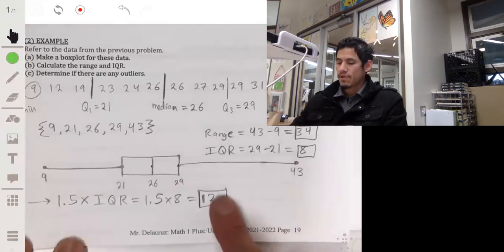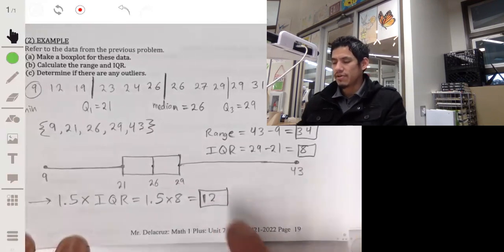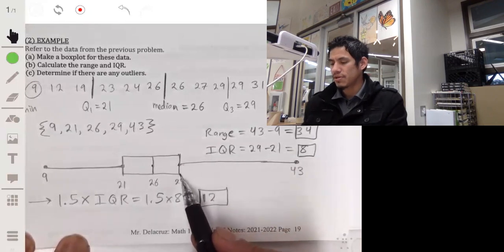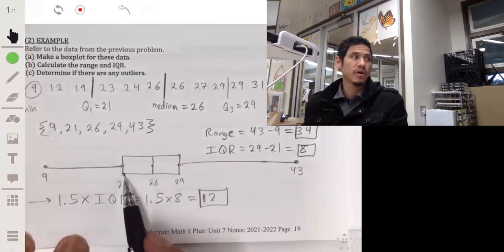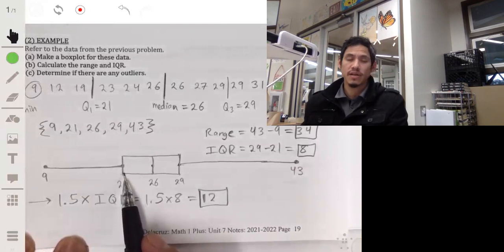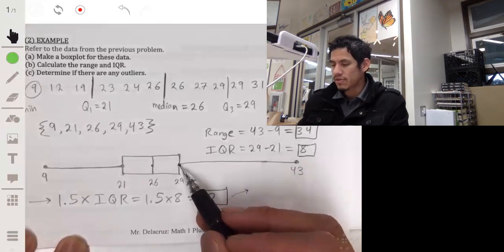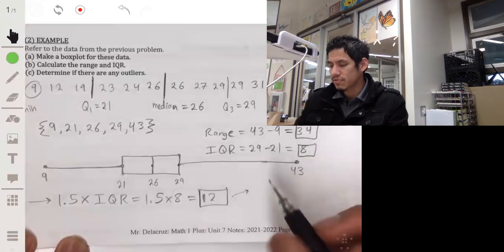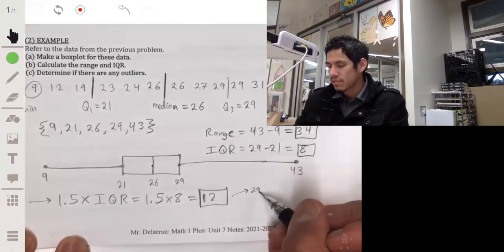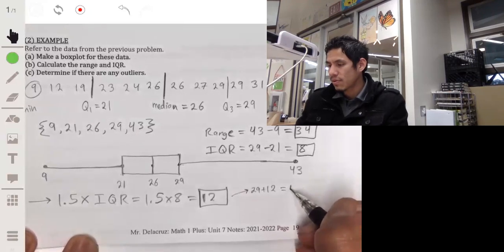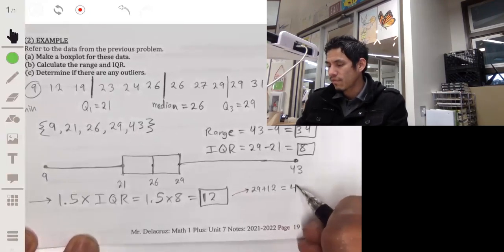So if there are any values that are 12 units above Q3 or 12 units below Q1, those will count as outliers. So above 29, that'll be 29 plus 12, that'll be any values more than 41.